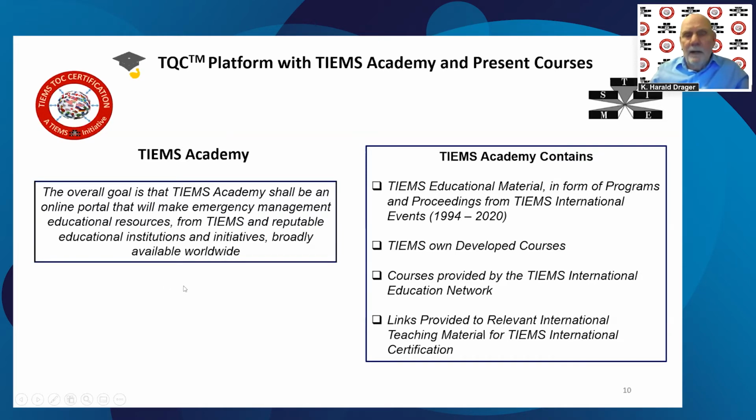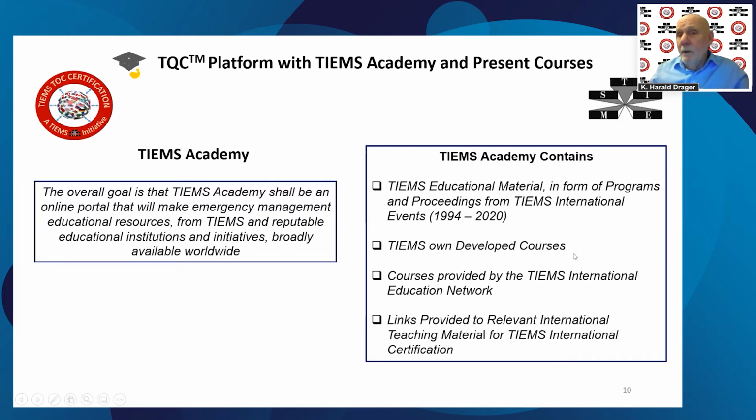We are cooperating with other universities, and the candidate can actually go wherever he wants to find the background, experience, and documentation for learning in this case. Today, the Academy contains educational material in forms of programs and proceedings from TIEMS international events, all the way from '94 to the last one, last year.